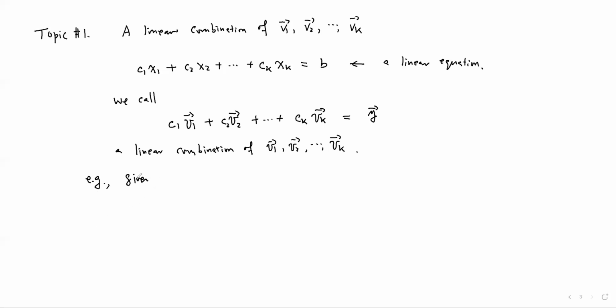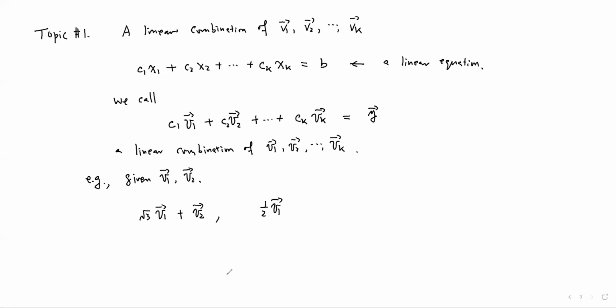Say, for example, given vector 1, vector 2, the following are linear combinations of these two vectors. Square root of 3 times v1 plus 1 times v2. The result is a vector, a linear combination of v1 and v2. Second example, 1/2 times v1.